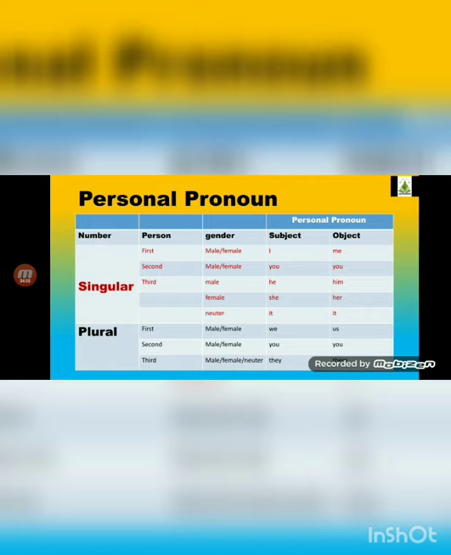Now, I already gave you the example. I like ice cream. We eat ice creams frequently. Here, I and we are the personal pronouns which we use to speak of our own selves.